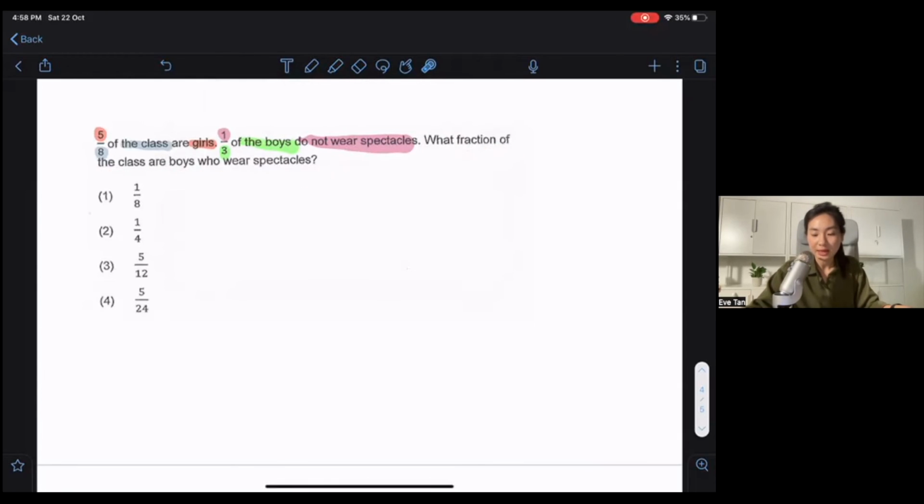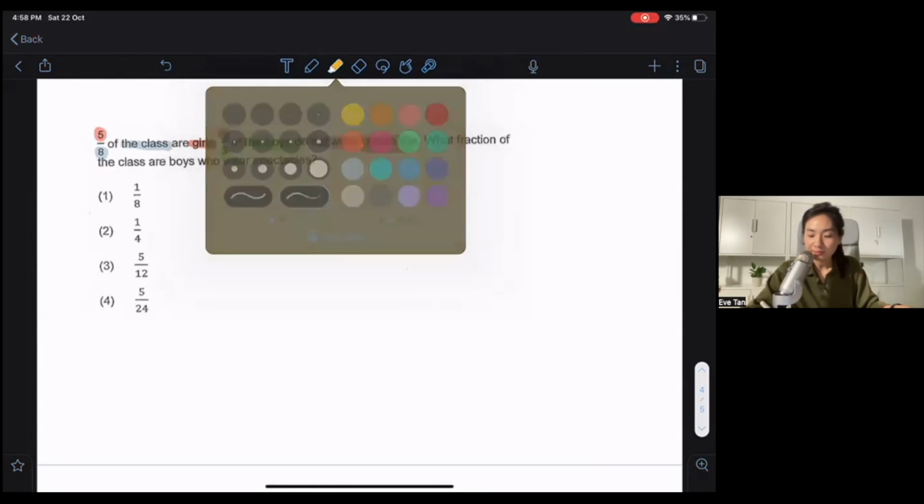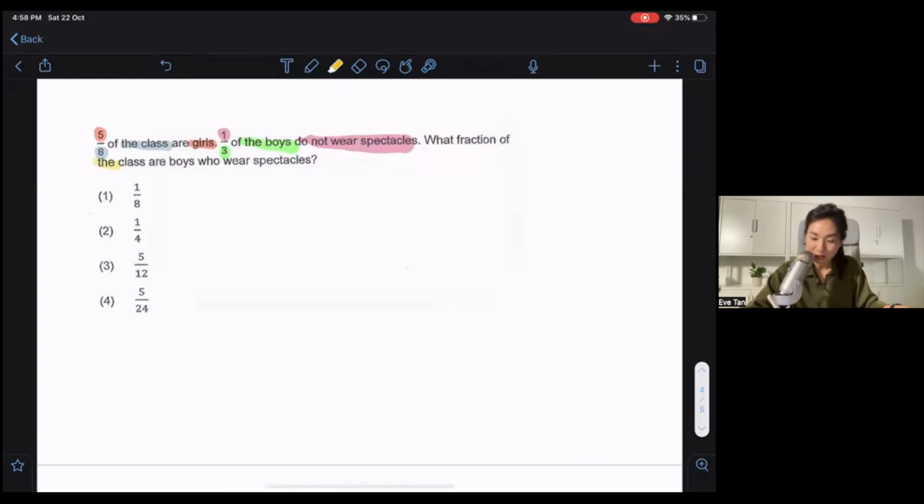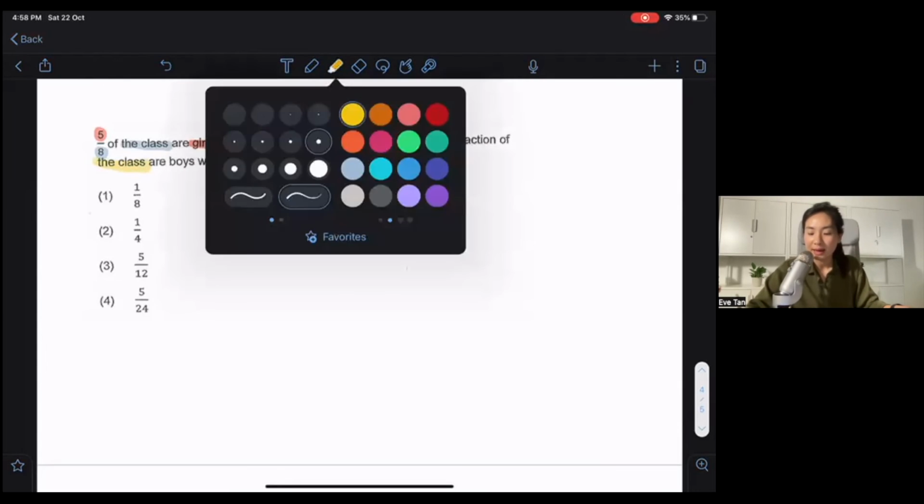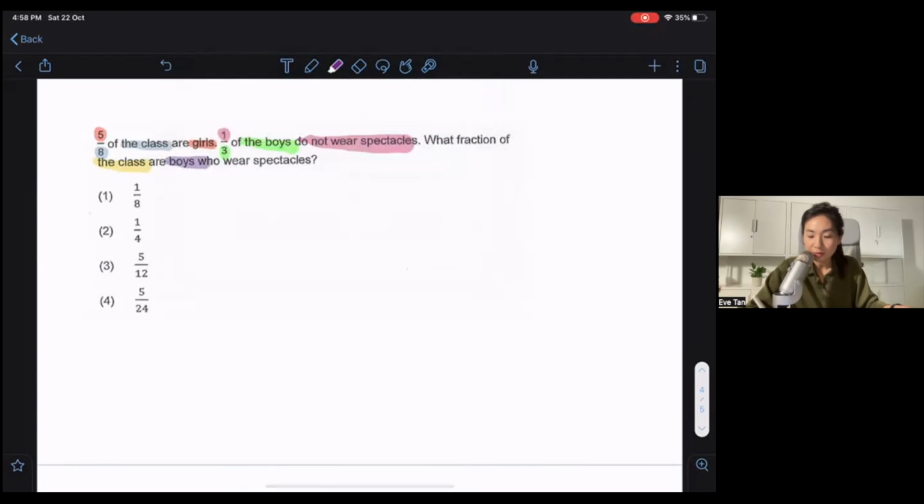Okay, so again, let us read carefully. Which one will be the denominator after the word of? So the class will be the denominator. And what will be the numerator? Boys who wear spectacles, because that's the subject. Remember, class, denominator is always referring to whatever the object is after the word of in the sentence. And numerator will be referring to the subject of the sentence.